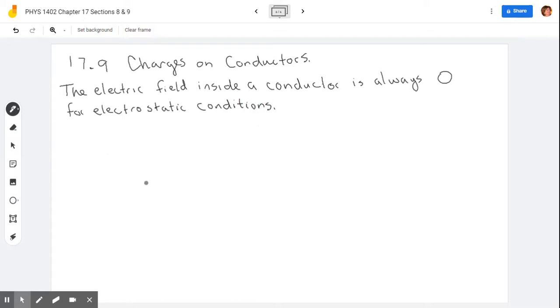So, suppose I have a solid conductor with some arbitrary shape. The shape of this solid conductor is not terribly important. Here it is. It's just a strange looking thing.